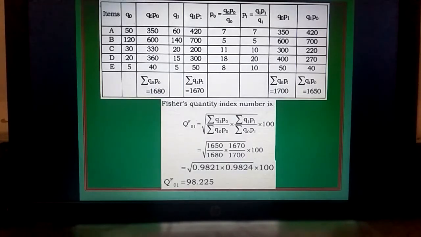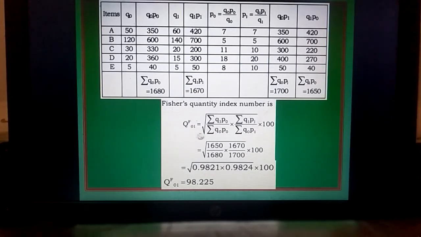Then next, Fisher's quantity index number is to be calculated. This formula also we have discussed already at length earlier. Q01F is nothing but the geometric mean of Laspeyres and Paasche index numbers.